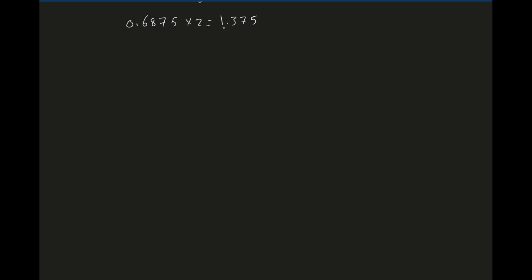Now, like I said, I take the fraction part and I multiply it by 2. I get 0.75. I take 0.75, multiply it by 2. I get 1.5. Then I take 0.5, multiply by 2, I get 1.0. Now my fraction here is 0, so I stop, and the value I have is 1011.